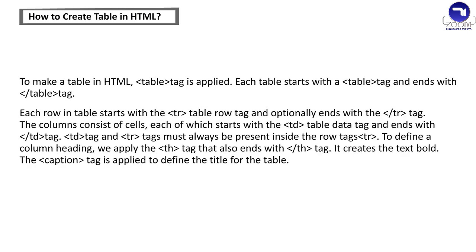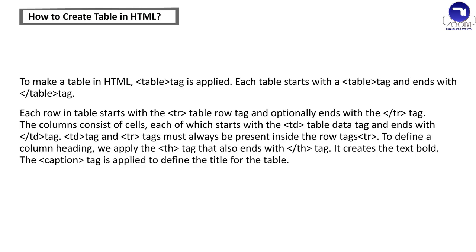Each row in a table starts with the <tr> table row tag and optionally ends with the </tr> tag. The columns consist of cells, each of which starts with the <td> table data tag and ends with the </td> tag. The td tags must always be present inside the row tags, tr.